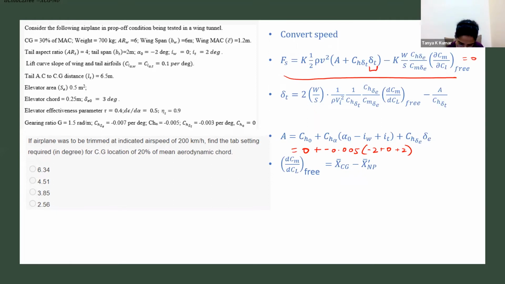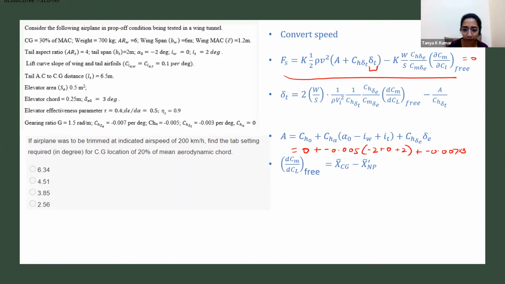They're all in degrees, and this CH alpha is in per degree, so there is no conversion required here. And your CH delta E is minus 0.007, and delta E is 3 degrees, right?